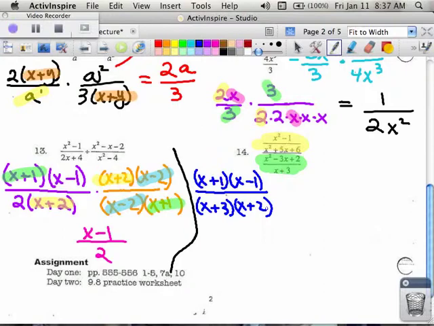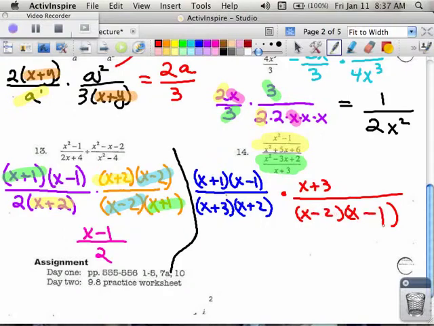In the second fraction, the one that's on the bottom that I'm dividing by, remember when you divide, you flip it upside down. That means automatically the x plus 3 has to go on the top. And when I factor the other stuff, the x squared minus 3x plus 2, which now goes on the bottom, it turns out to be x and minus 2 and minus 1.